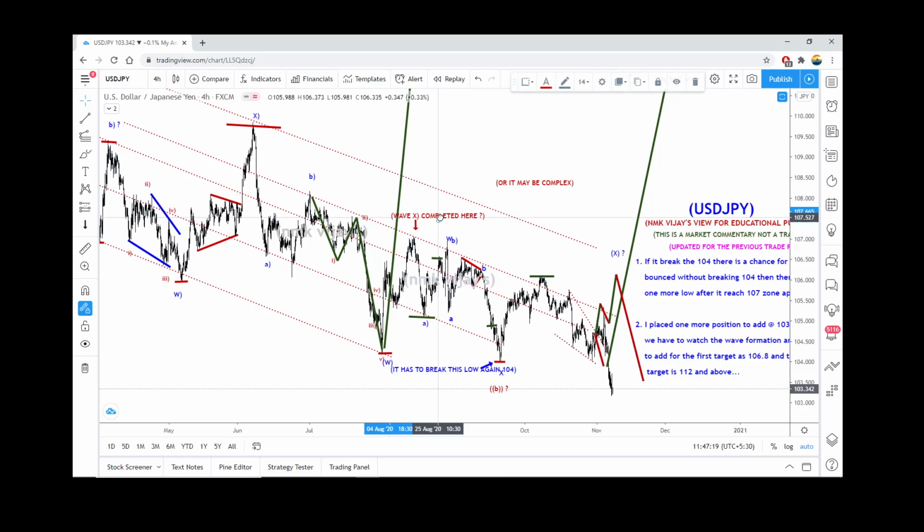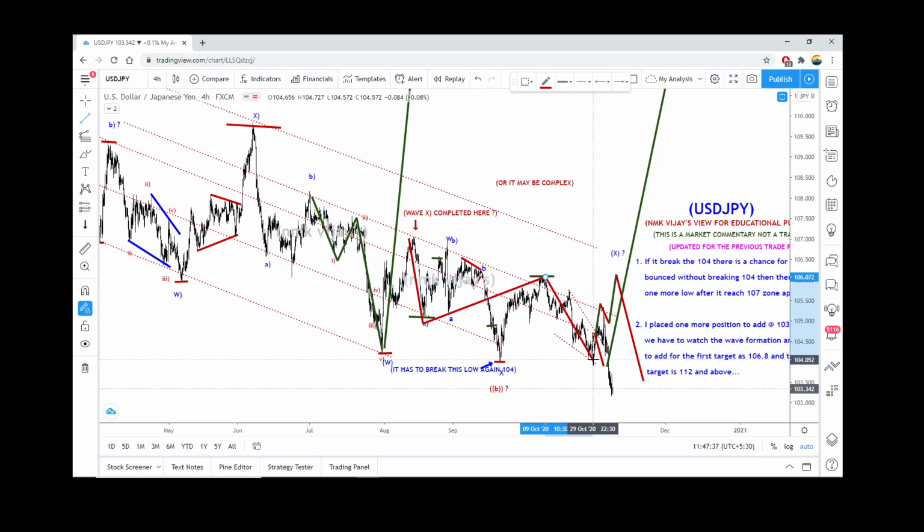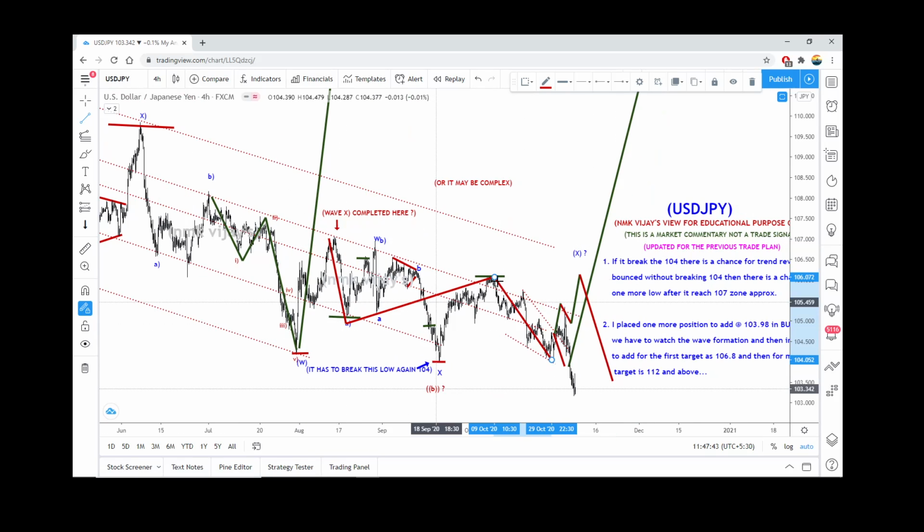Previously I thought this could be the end of that X, so again A, B, and C can complete below this low. I took this drop as an A, and this is the B and C. If it did a 5-wave structure to break this low, then we would consider this as an ABC.